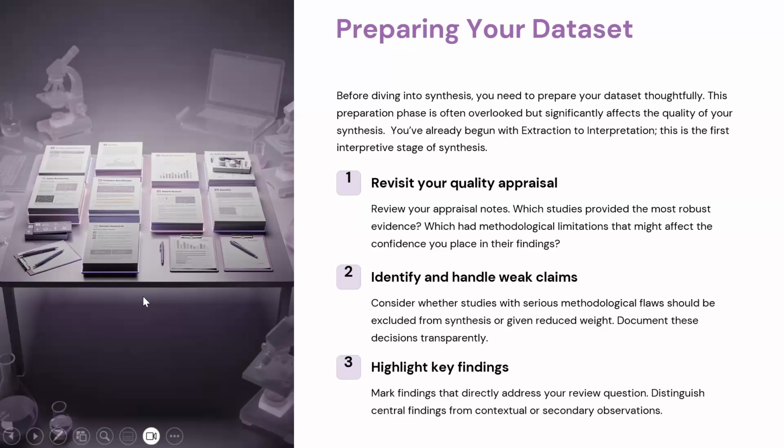Finally, you highlight the key findings, mark the findings that directly address your review questions, and distinguish the central findings from contextual or secondary observations. And again, this would seem obvious at first. All authors highlight what was the main finding in their conclusions. And then, of course, you have secondary findings that either support or contradict what the main finding says.